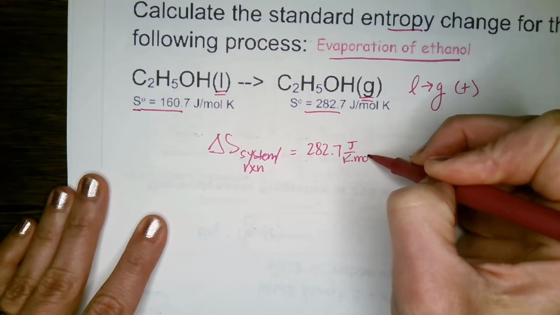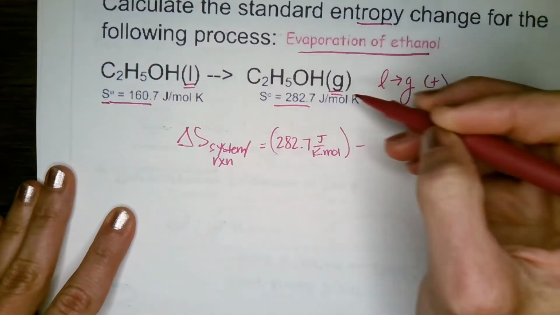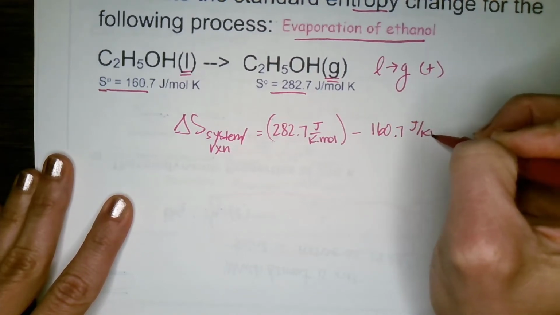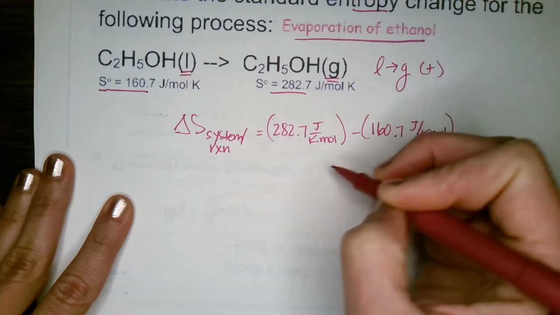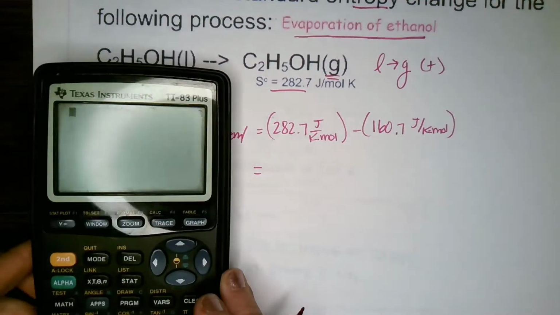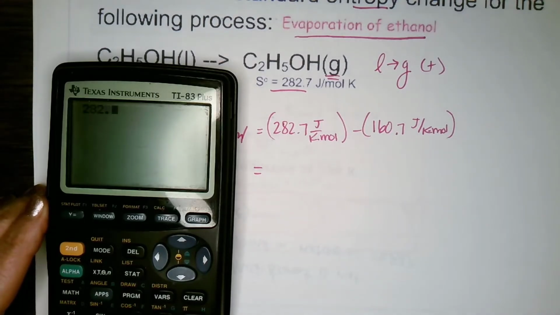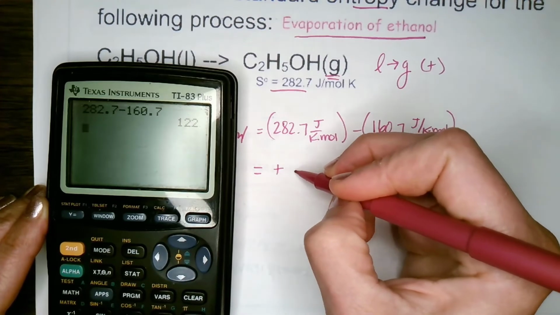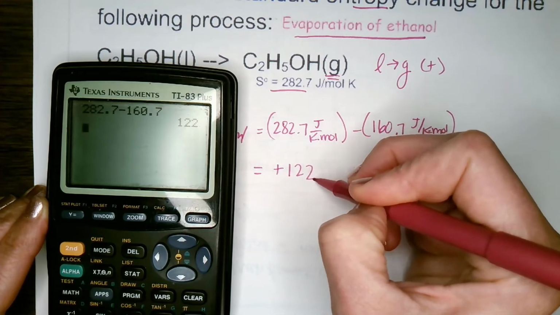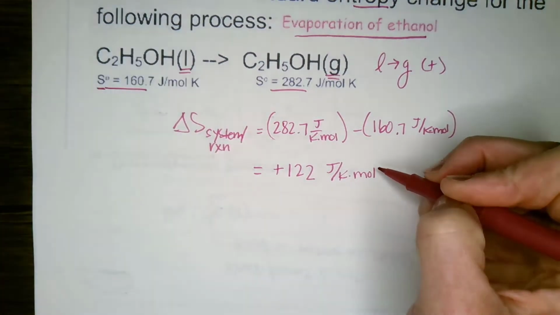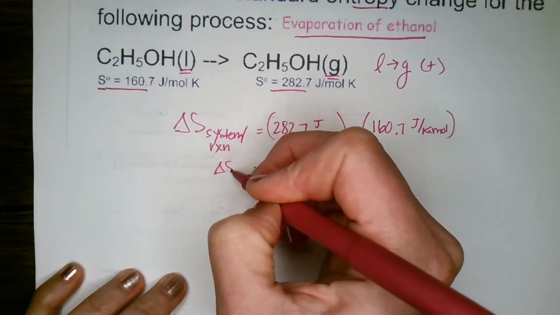So we're just going to do 282.7, this is our joules per Kelvin mole, products minus reactants, 160.7. If we do our calculator work, 282.7 minus 160.7, we should get a positive number, 122 joules per Kelvin mole.